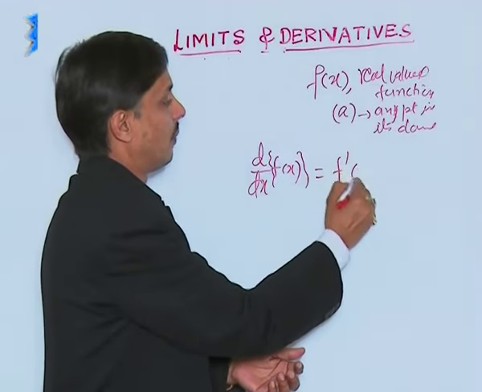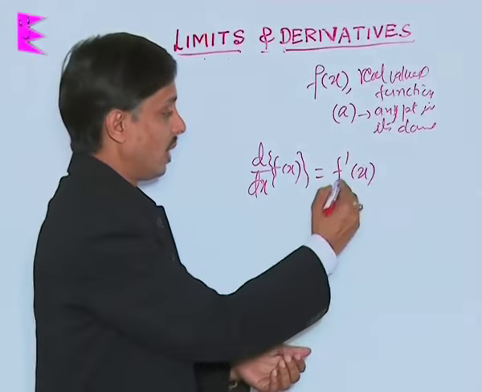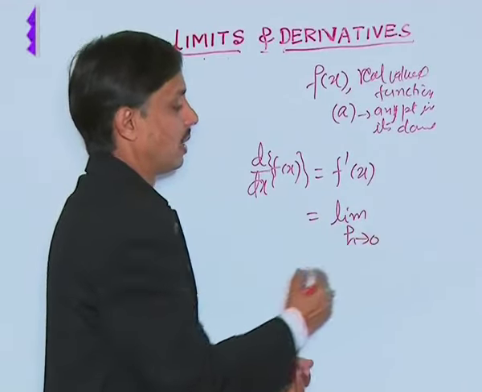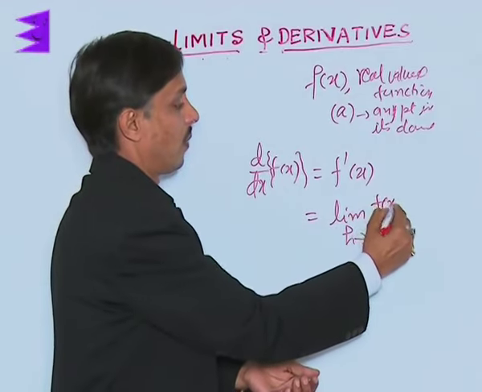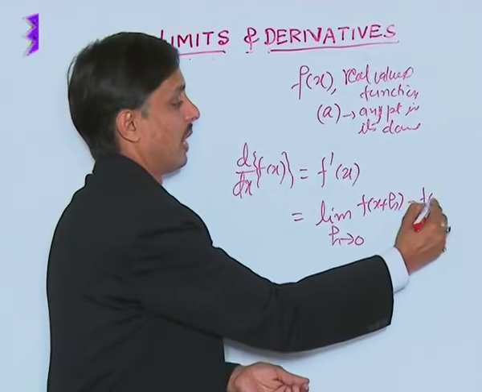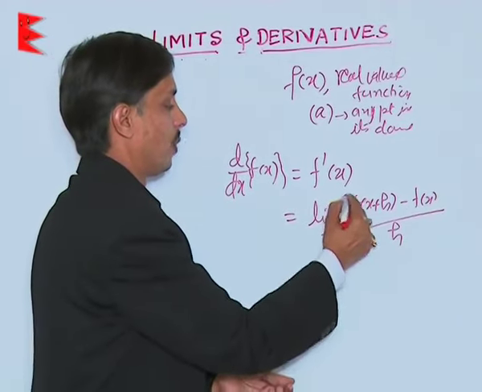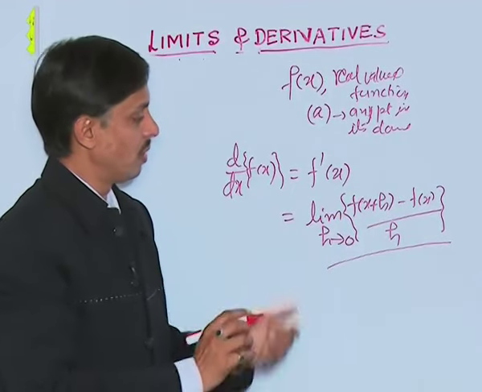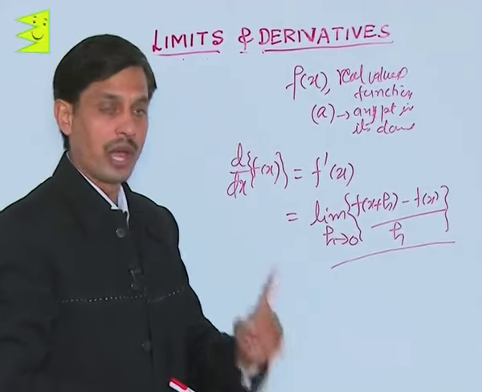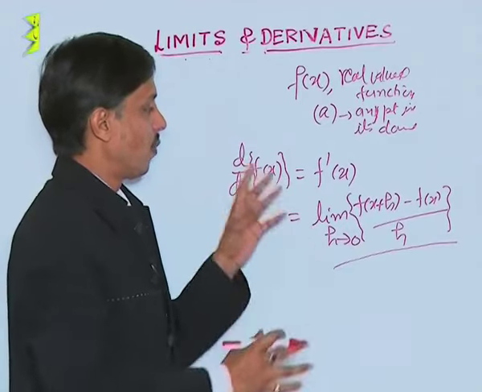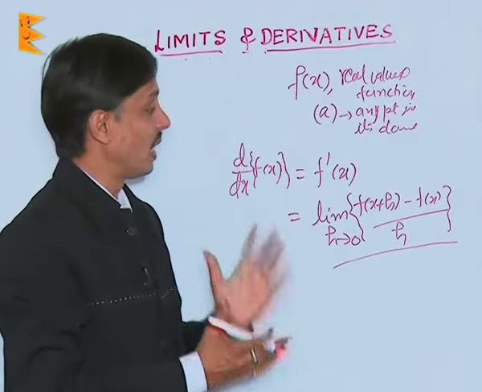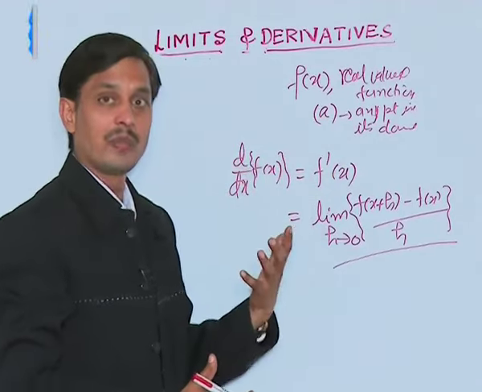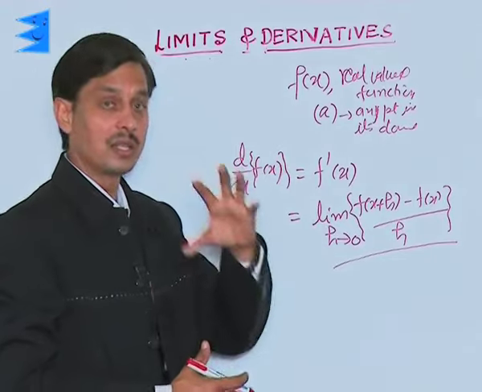Also we can say f dash of x is given by the limit as h tends to 0 of f of x plus h minus f of x upon h. This is the formula, the method, the approach to find the derivative of a real valued function at some point if it exists in its domain.